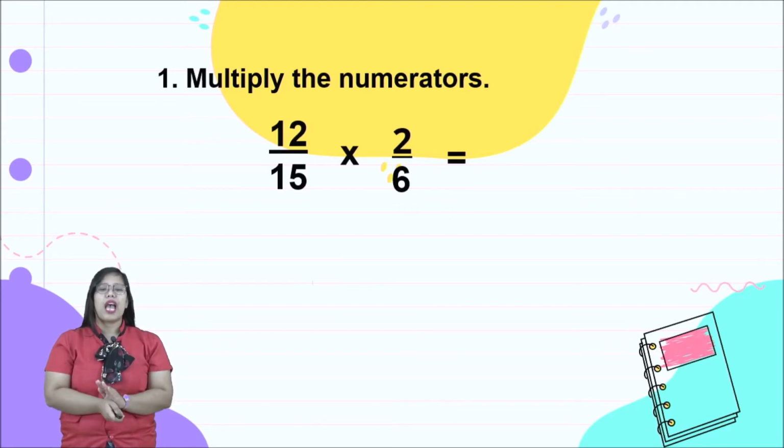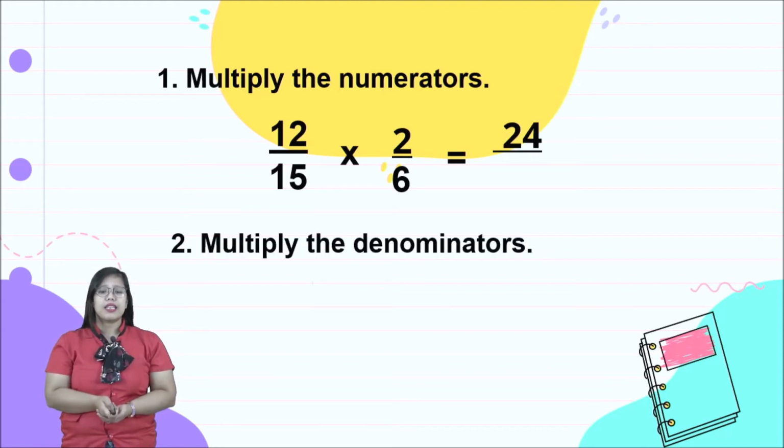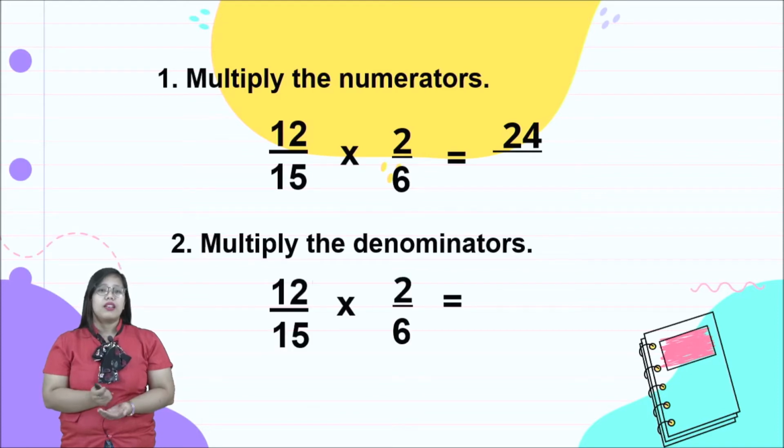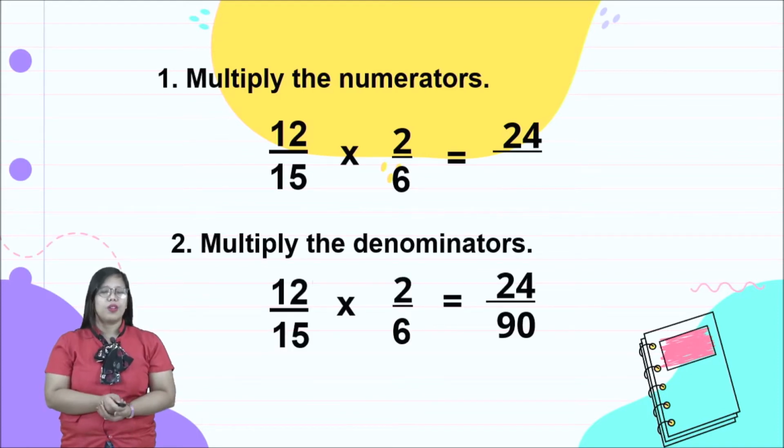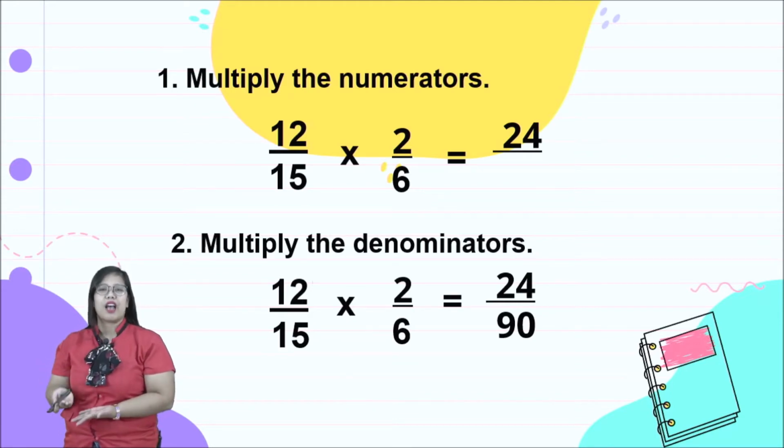So we have 12 over 15 times 2 over 6. We will multiply 12 and 2. 12 times 2 is 24. And 15 times 6 is what? Okay, 90. Because our second step is to multiply the denominators.